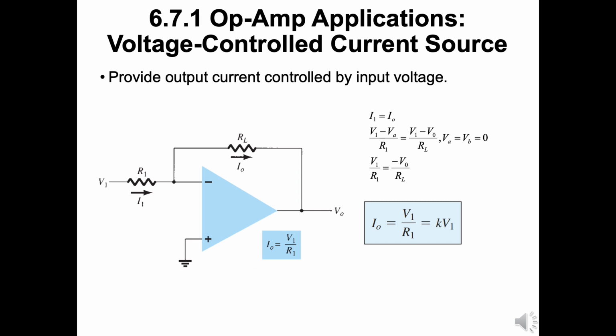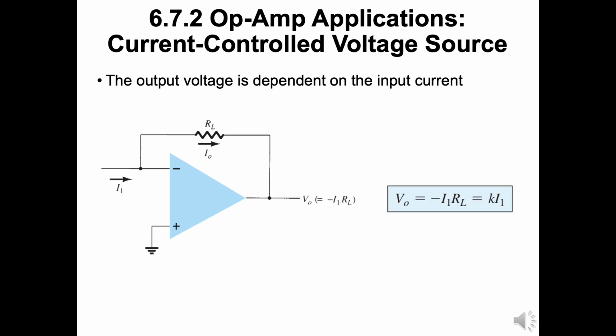A practical circuit can be built, as in this figure, with the output current through load resistor RL controlled by the input voltage V1. The current through load resistor RL can be seen to be V1 by R1.